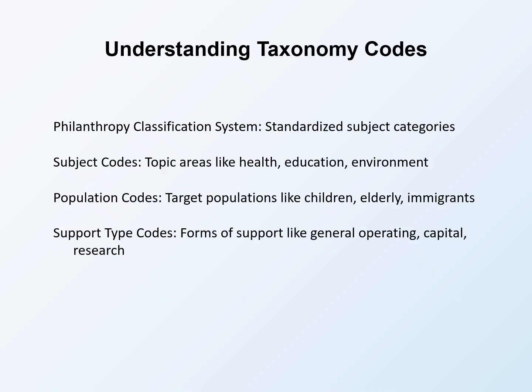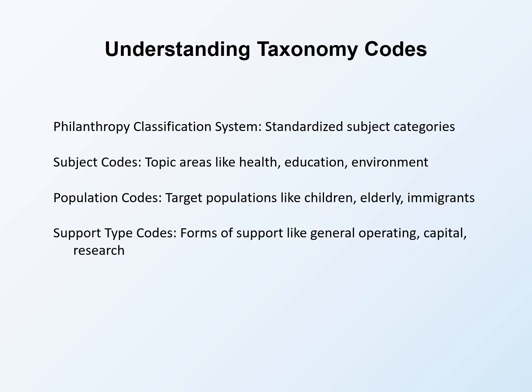Population codes classify foundations and grants by the populations they serve. Categories include age groups such as children, youth and elderly, demographic groups, people with disabilities, and many other population categories. If your work serves specific populations, filtering by population codes identifies foundations with matching focus.